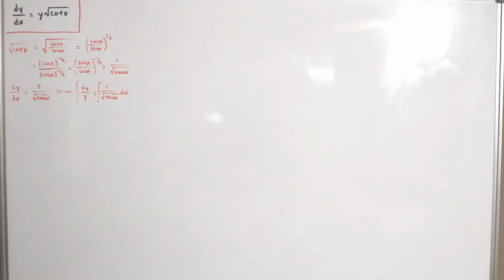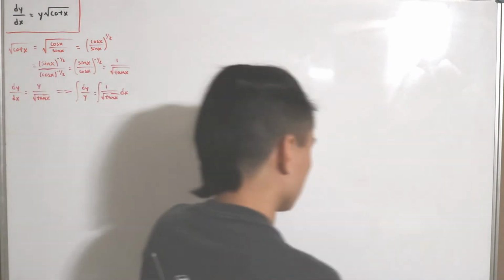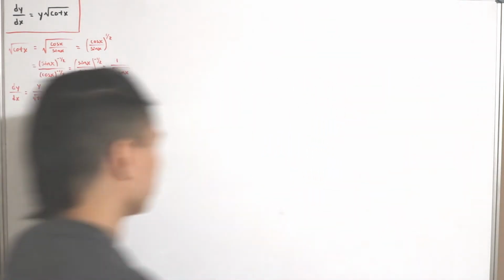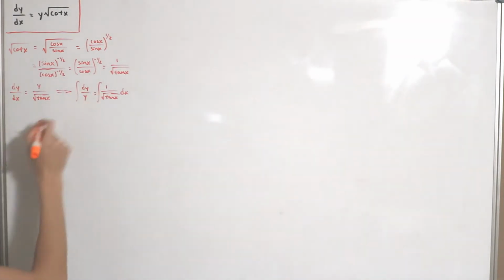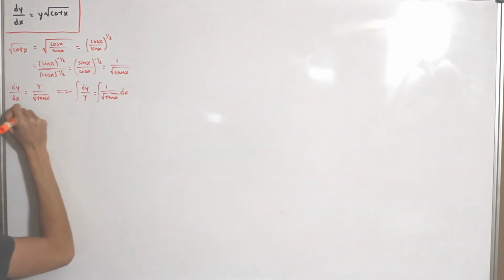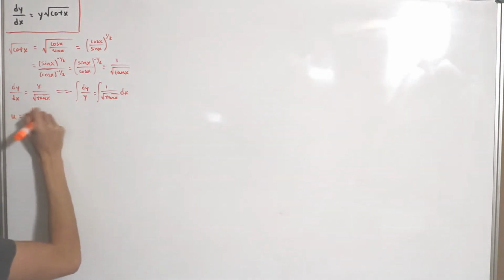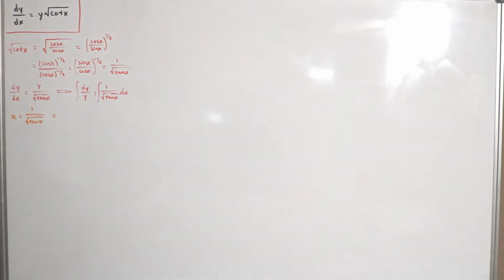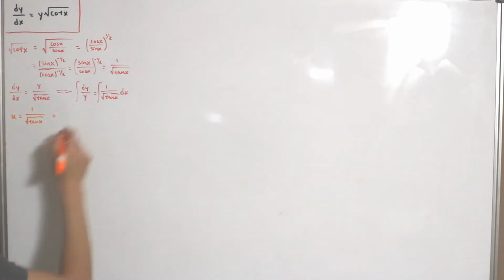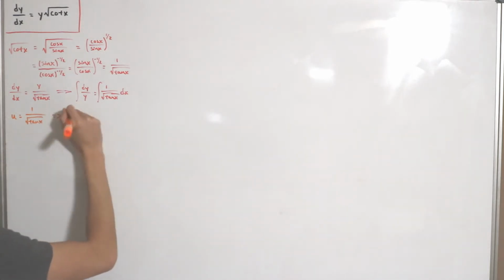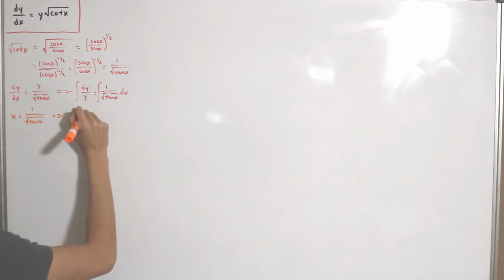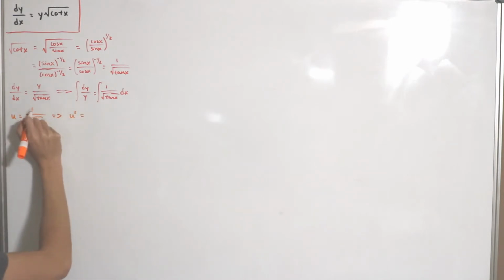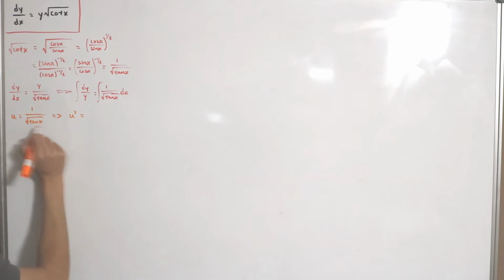What I want to do here is a u substitution. I'll let u equal 1 divided by the square root of tangent x. Now I'll square both sides, so we'll have u squared on one side, and on the other side, 1 squared divided by the square root of tangent x squared.